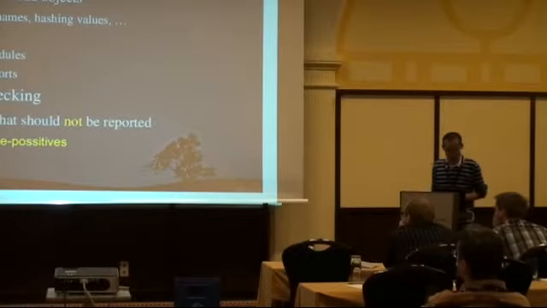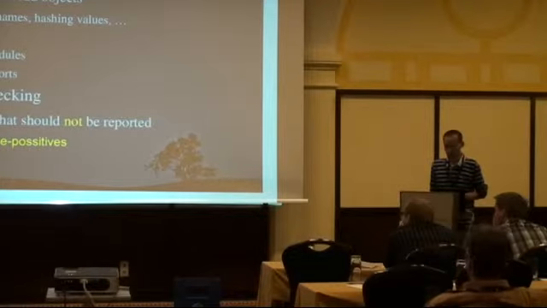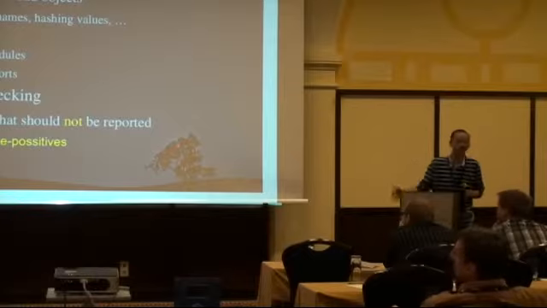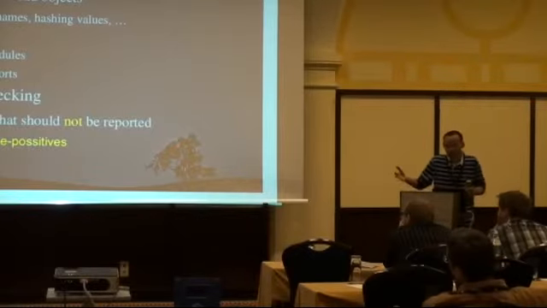Okay, the next method, blacklist and whitelist checking. Well, the idea is very simple. Blacklist detection is that if you see something in the blacklist, you can immediately report that it will be something bad.